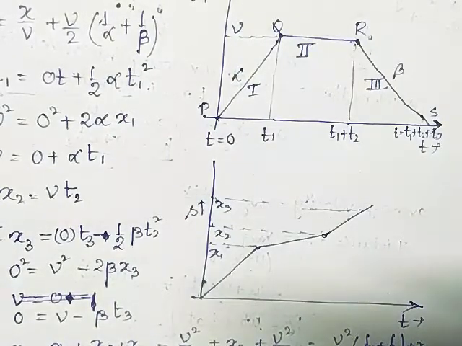Now I am going to tell you how these problems can come in your exam. Maybe it is said there are two stations, capital A and capital B. A train starts from A, accelerates, then moves with a constant velocity for some time, crossing the maximum distance, and after that it applies the brake and ceases its motion just as it enters station B. This can be applied to a train, because here I have considered that the train track is straight.